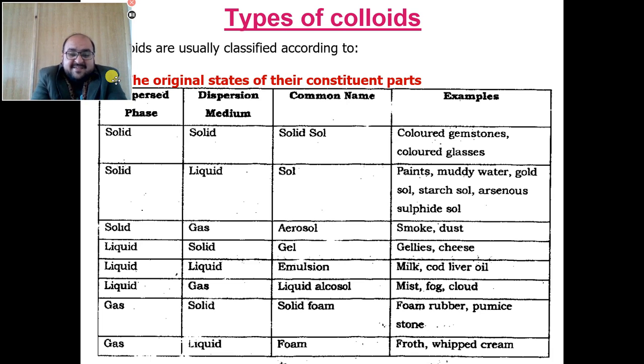If the disperse phase is gas and the dispersion medium is liquid, then it is called foam, for example broth and whipped cream. So this is a simple classification of the types of colloids: sols, aerosols, gels, emulsions, liquid aerosols, solid foam and foam.